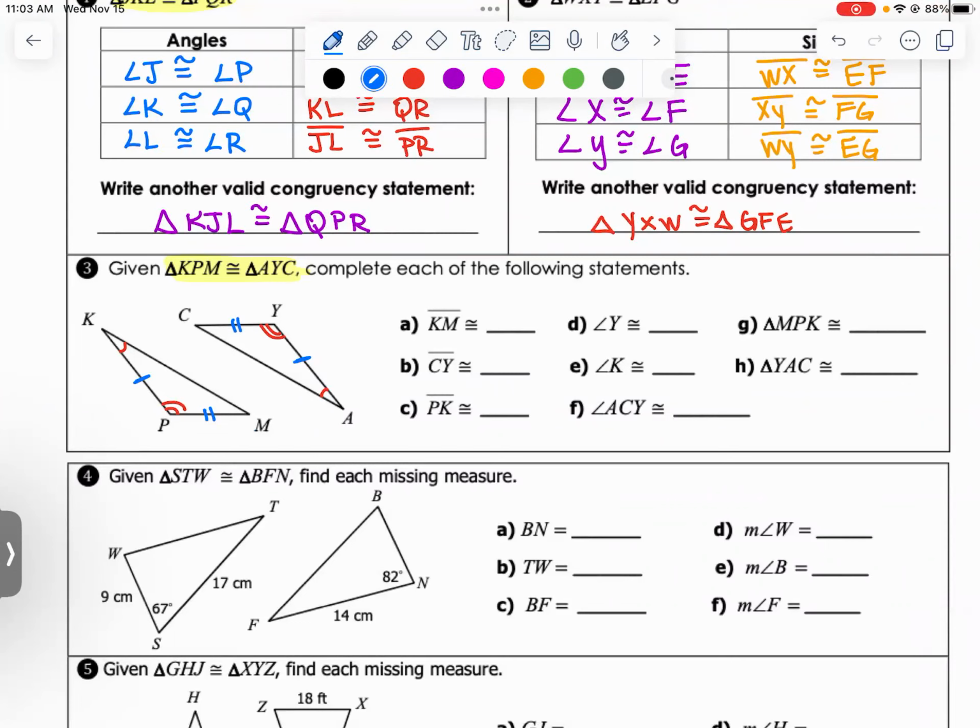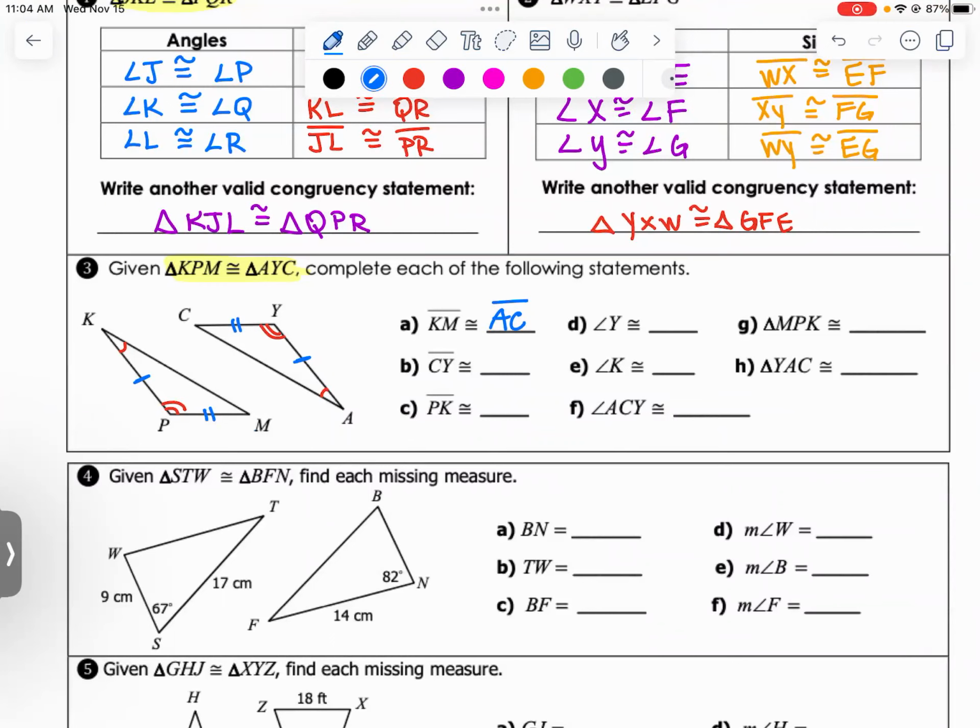What segment is KM congruent to? Okay, it does matter what order. It needs to be AC because the K corresponds with the A and the M with the C. Okay, from the picture, KM goes from the one swoop to, I did not mark the swoop.